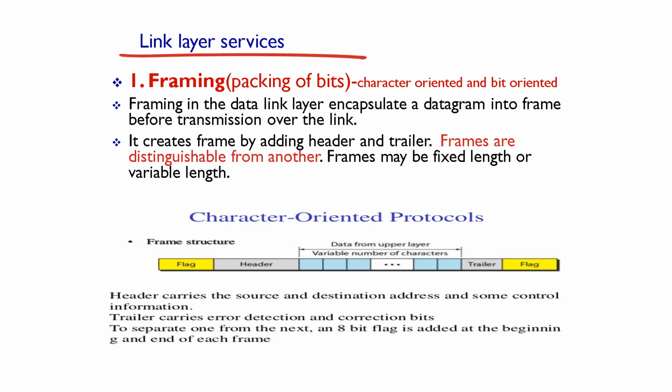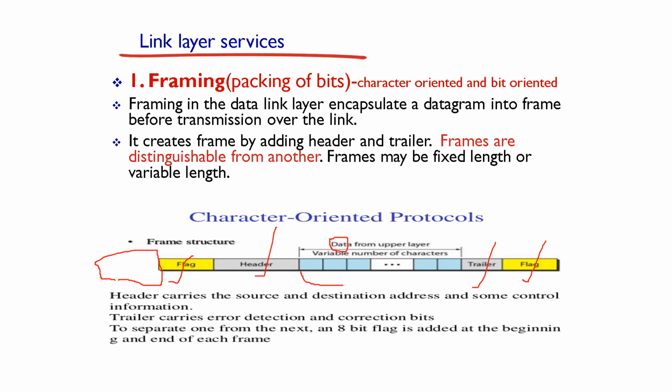In the figure shown here, we can see two different flags: a flag at the beginning of the frame as well as a flag at the end of the frame. This helps to identify the beginning of the next frame as well as the end of the other frame. Then the header is added and the trailer is added along with the data.